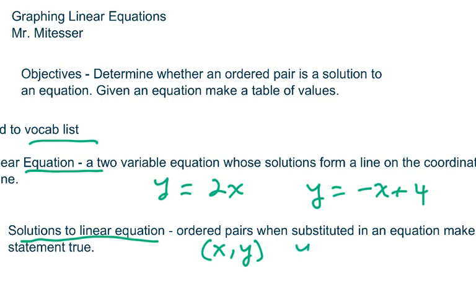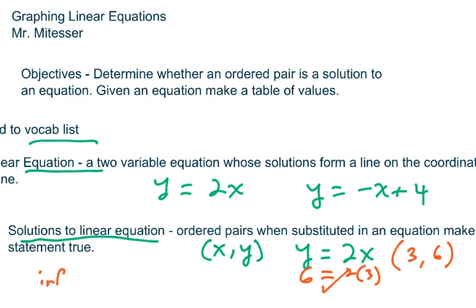So for the equation y equals 2x, we would say that 3 comma 6 is a solution because 3 is x, so 2 times 3 equals, and y is 6. 6 equals 2 times 3 is a true statement. So that's a solution to the equation. And you'll see for the equations in this unit, there are infinite solutions.